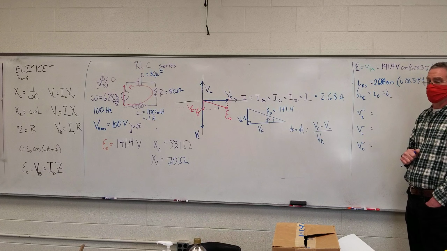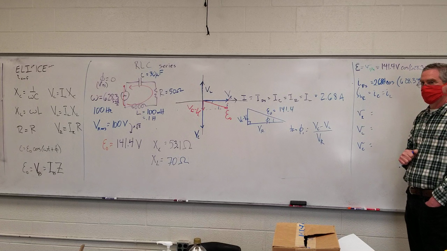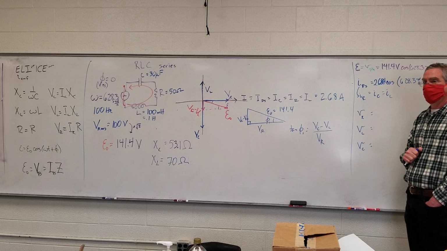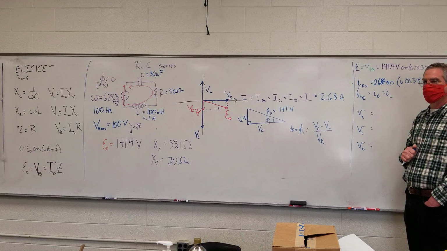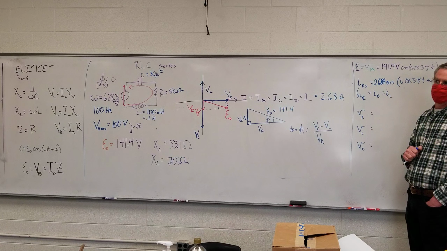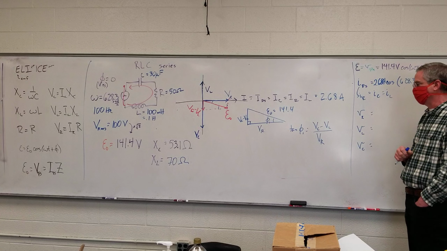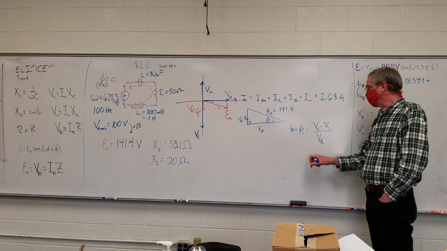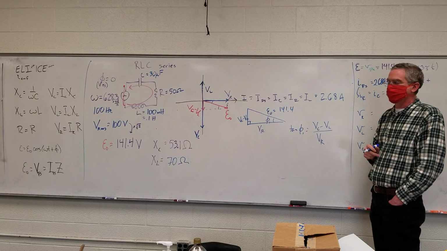Because I don't know V's, but I do know something else. We know our current, right? Yes, it's the same. And what's the relationship between each of these and the current?